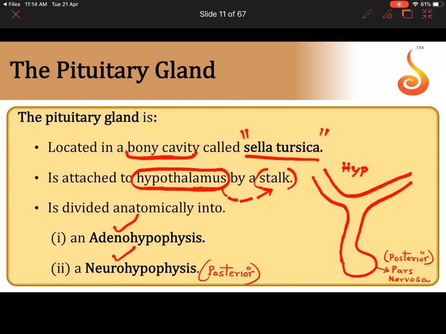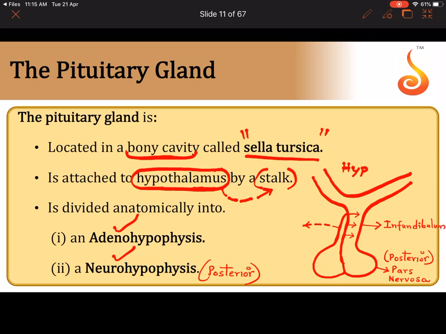Okay, now where is the anterior pituitary gland? In the front you can see the anterior pituitary gland over here, and it also has a highly vascular portion, and this vascular portion of the anterior pituitary wraps around the stalk of the pituitary gland. Now what is the stalk of the pituitary gland called? The stalk of the pituitary gland is referred to as the infundibulum.